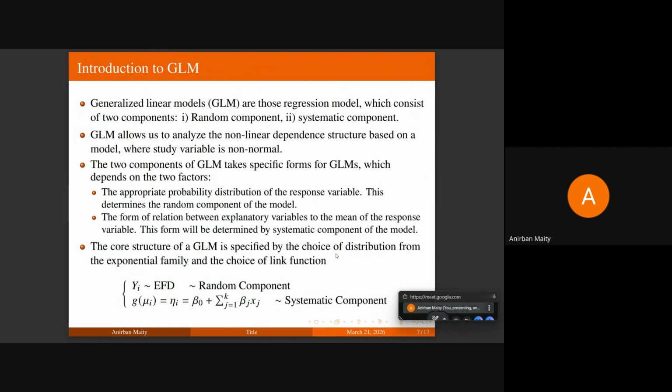If it comes from the exponential family of distributions, like binomial or Poisson, then we can build a generalized linear model. And another one is the systematic component.